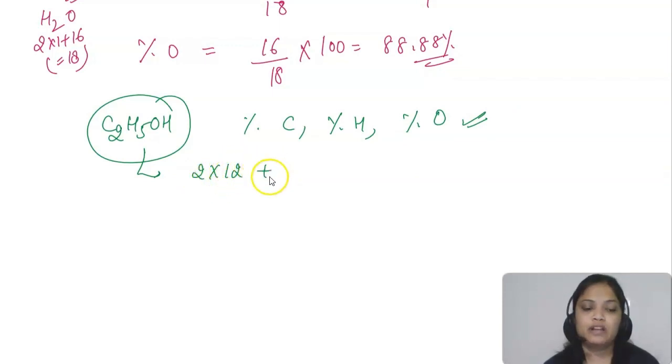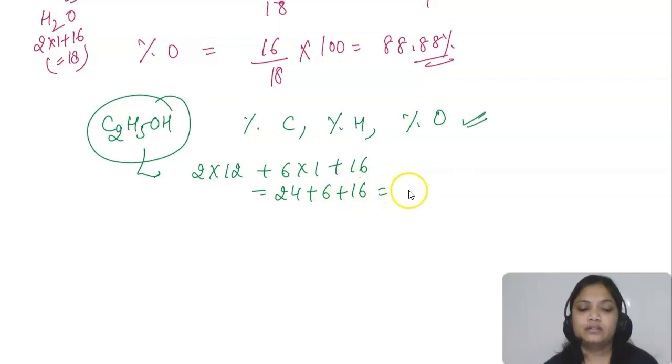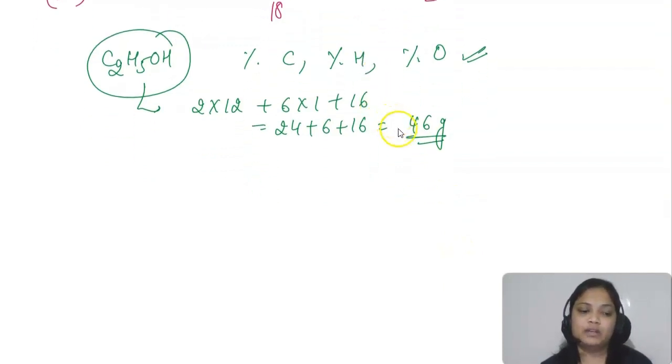So 2 into 12 plus 6 into 1 plus 16. So 24 plus 6 plus 16, so it will be 46 grams. So now you can similarly find out the percentage composition. Keep it noted in your notebook and please do it, alright.